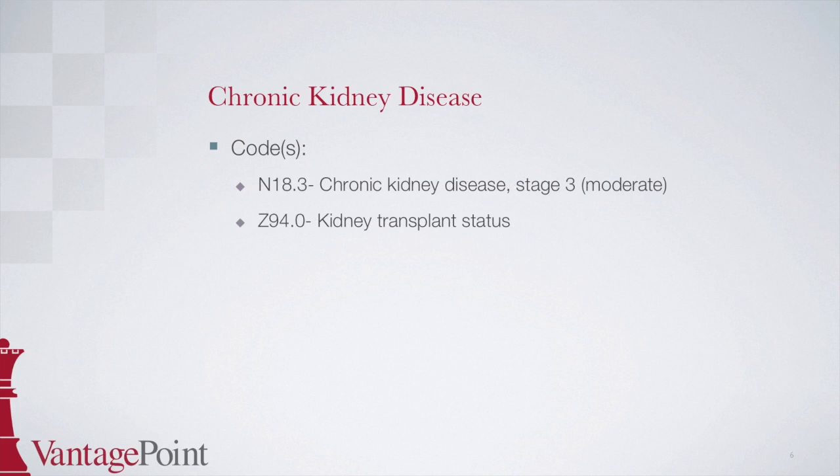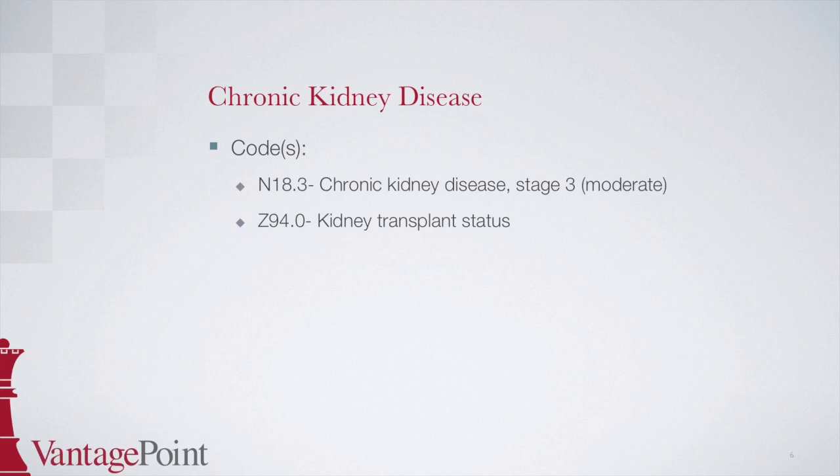The first code is N18.3, chronic kidney disease stage 3, which is moderate. To locate this code, you would start at disease in the alphabetic index and then find kidney. You then would look for chronic, and then stage 3 indented below chronic, which points to code N18.3, which you would then confirm in the tabular.